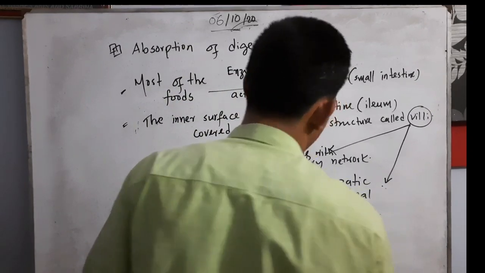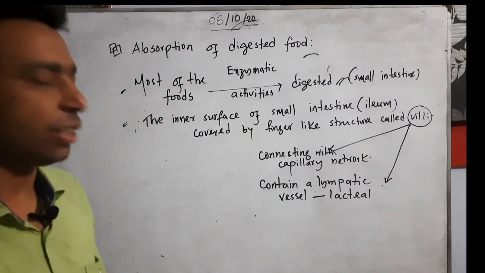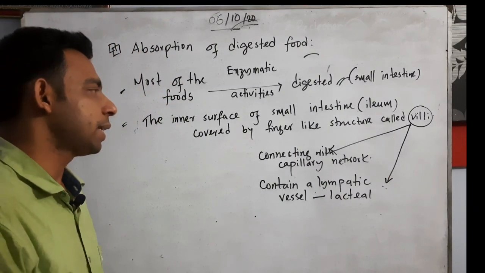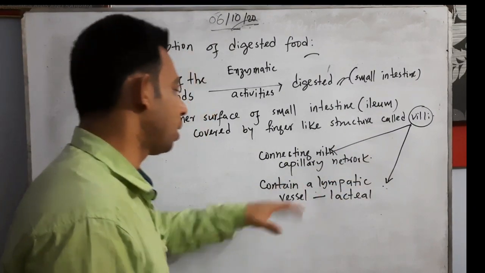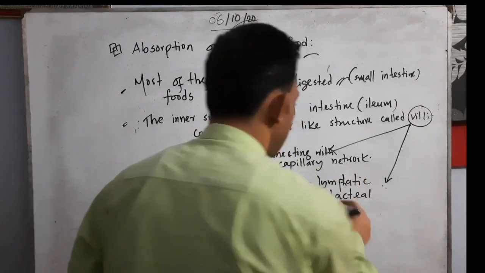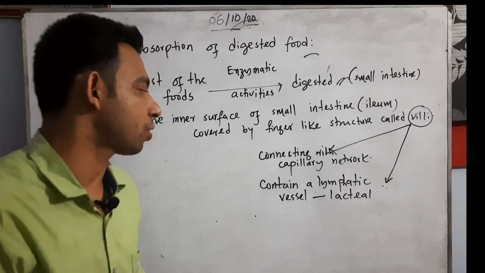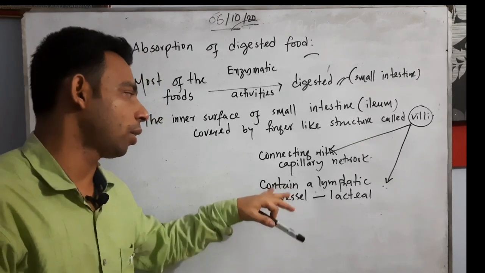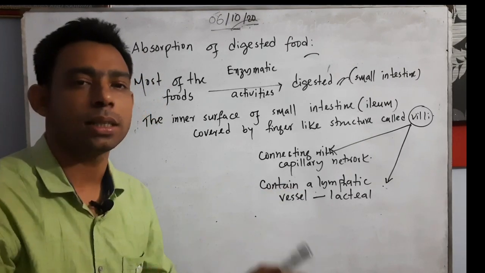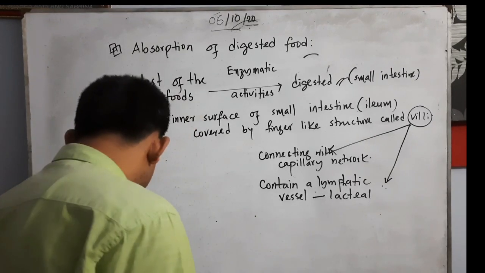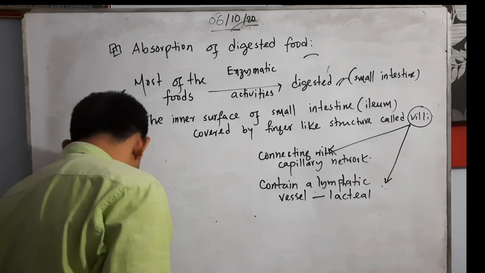Someone asked me in the very last class, sir, what is lacteal? The villi actually contain the lymphatic vessel. Vessel means a hollow, drum-like structure. They contain the lymphatic vessel, and this is called lacteal. Very important for SQ types of questions also.